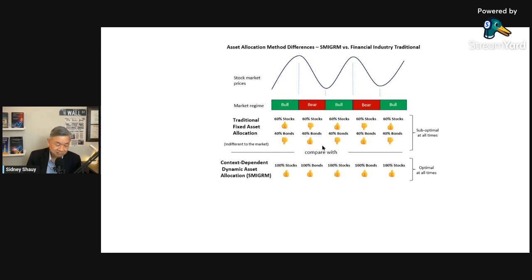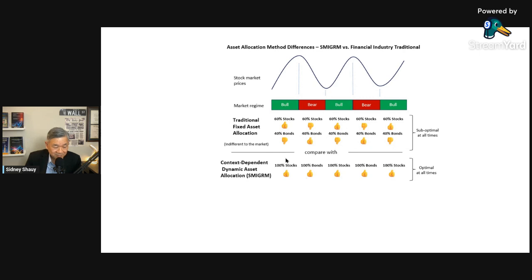We saw that there were instances that wasn't the case, but let's assume correlation holds, and this is the way it works. So you're suboptimal at all times because you're always hedging something. That's why you have not the best return you could have, but at the same time, it helps you with the downturns.